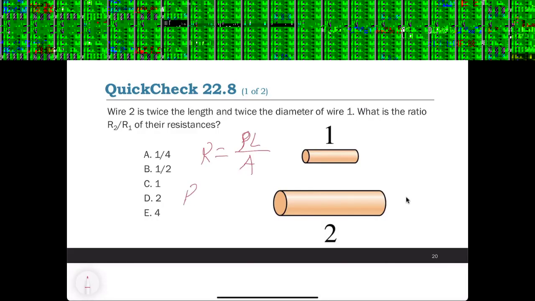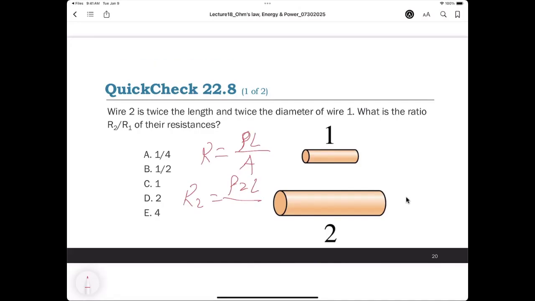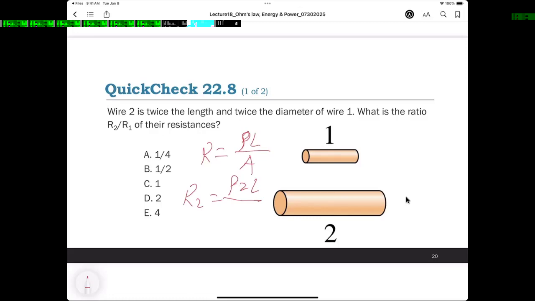For R2, the length is twice this one, and the diameter is also twice, so the area should be 4A, because it equals π(2r) squared, am I right? So it is 4A.